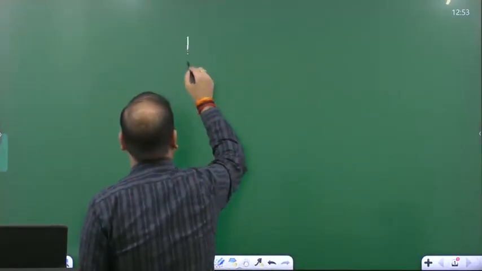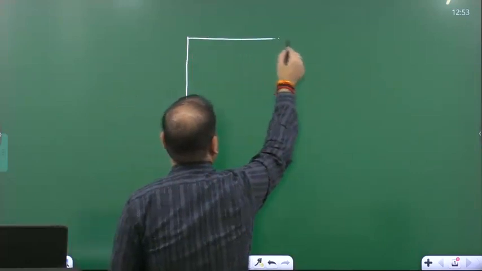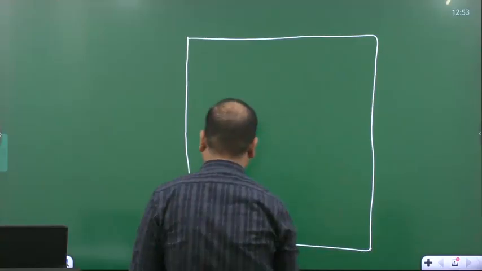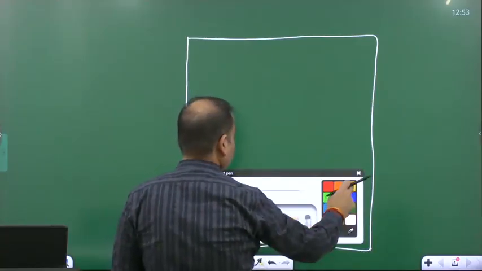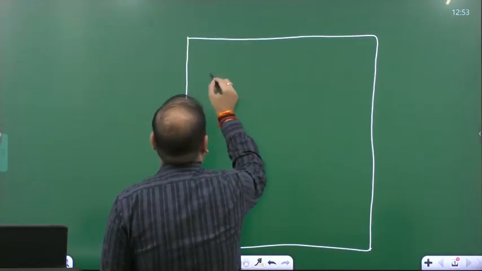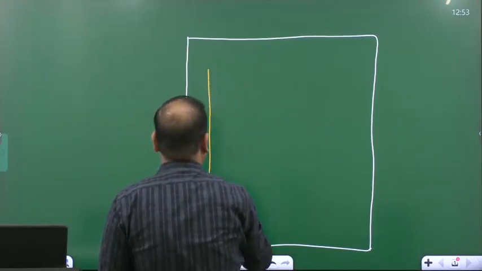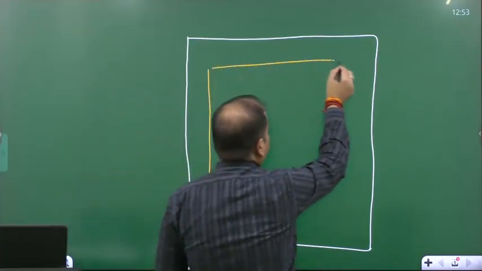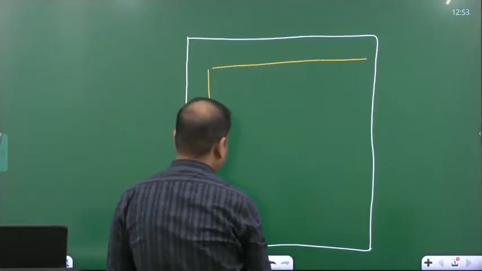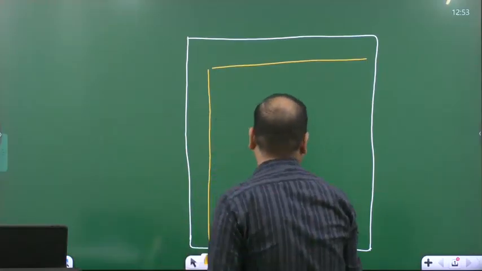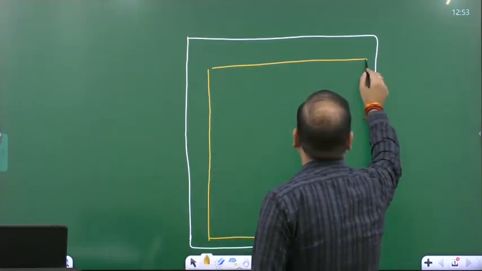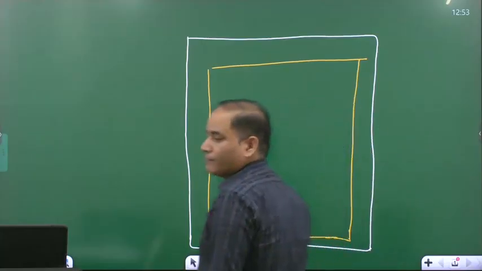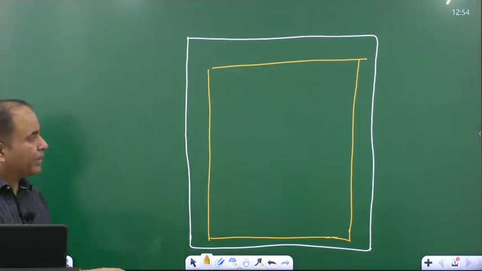When you take an A4 sheet, let's say this is your A4 sheet, you need to keep some margin on the left, some margin on top, some margin on the bottom, and also some margin on the right. This should be the standard pattern.